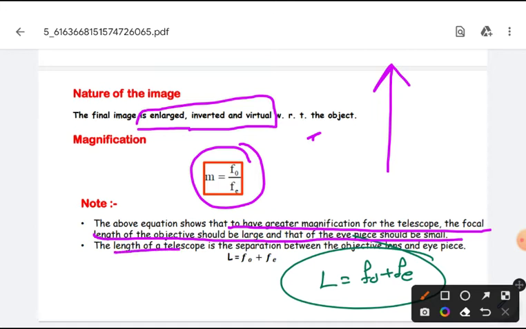The length of the telescope is the separation between objective lens and eyepiece. Learn this formula.